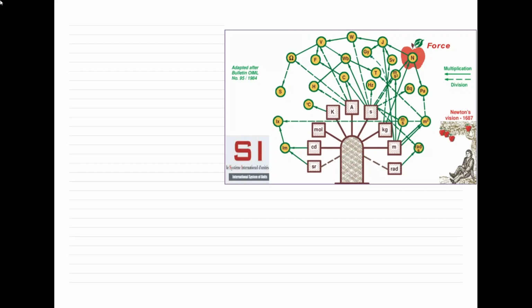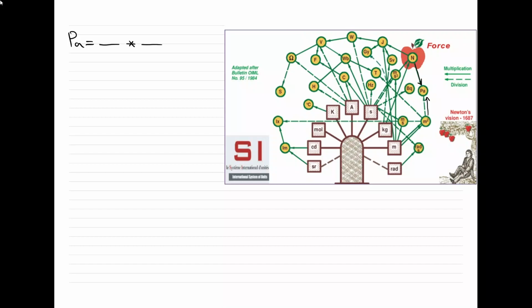So first we will write here Pascal equals, and we will count how many arrows are coming to Pascal. This is the first one, and this is the second one. So we will have two fractions. We will write the two fractions as a multiplication.